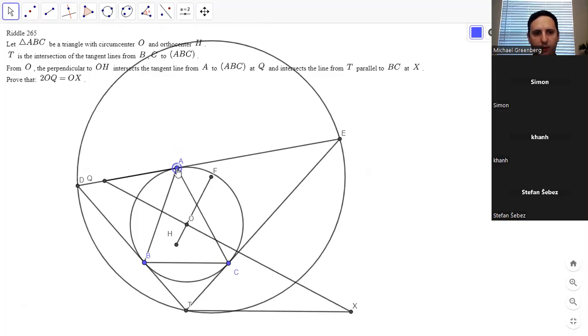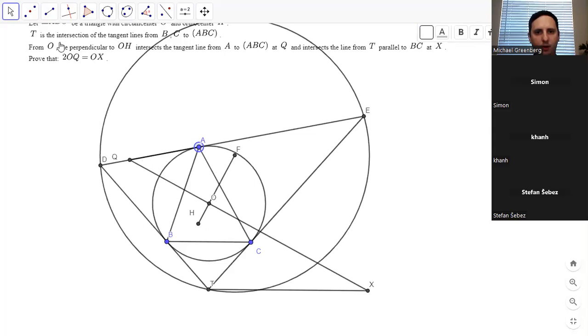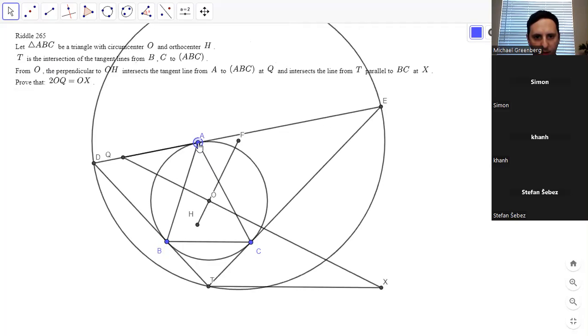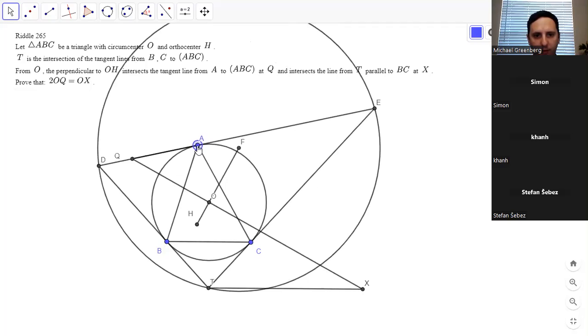I think the diagram is going to overlap the problem statement, but that's not too bad. So we want to show, instead we're looking at the triangle DET, and F is the circumcenter and O is the incenter. And we draw the perpendicular.